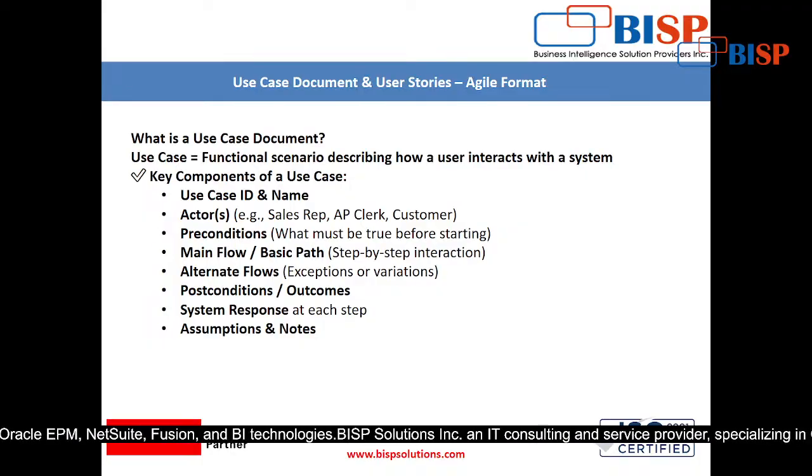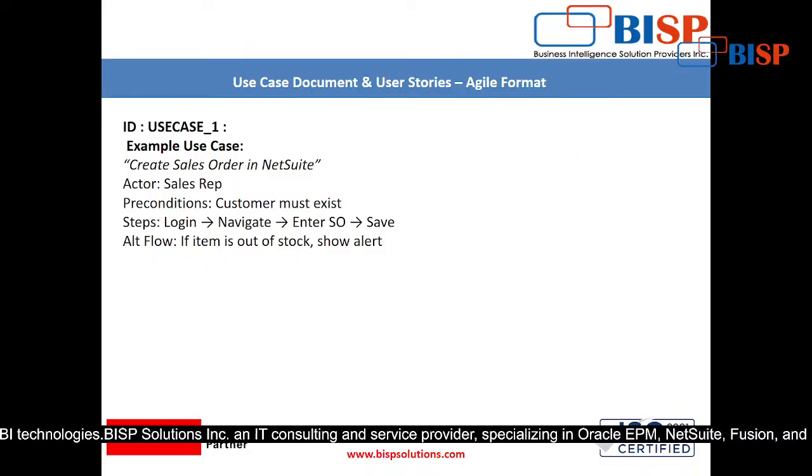Use case means what thing is given to you for development, and inside that what things are predefined, right? And see, here is the use case example: sales order creation. That is the use case or the task.